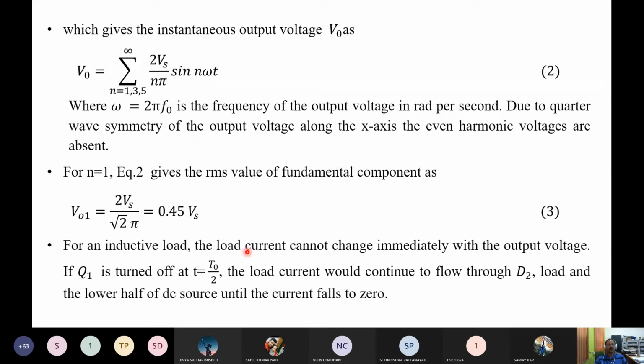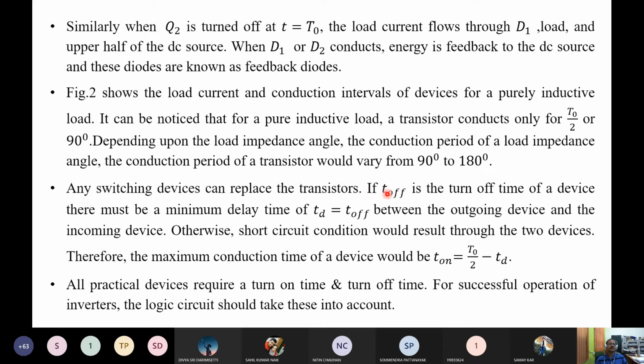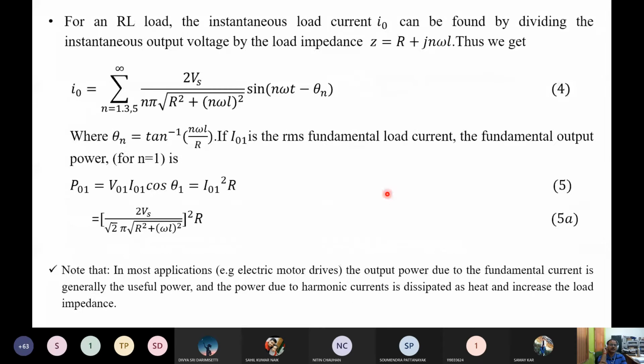For an inductive load, the load current cannot change immediately with the voltage. This I have already explained. The same thing that I have told you is what is written here. And the instantaneous current is given by, as I told you, even harmonics are not present.